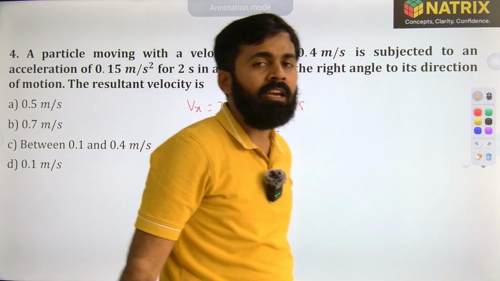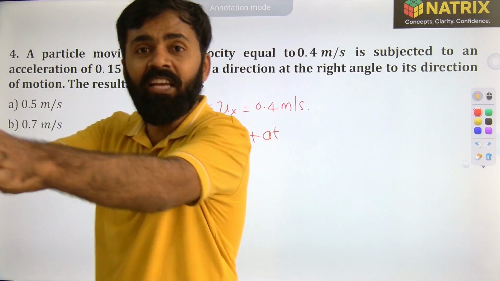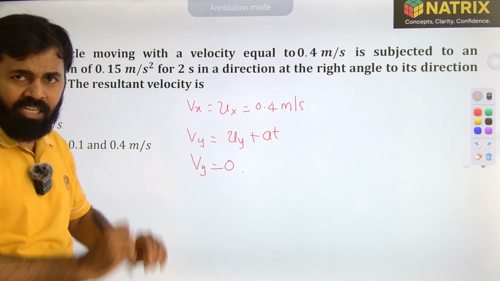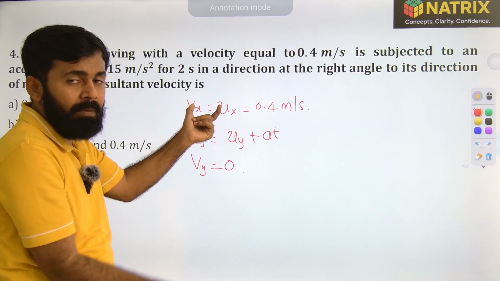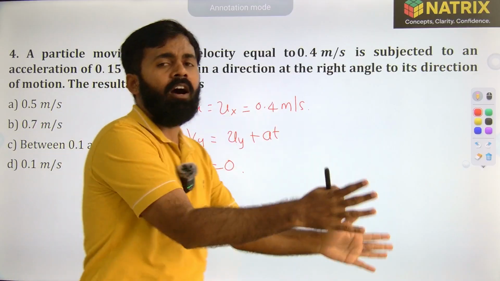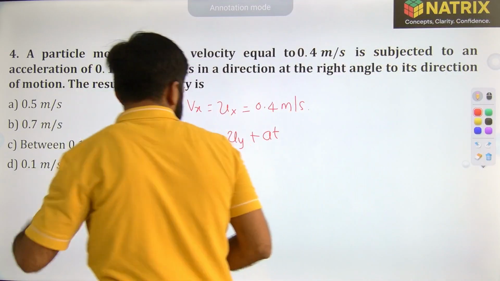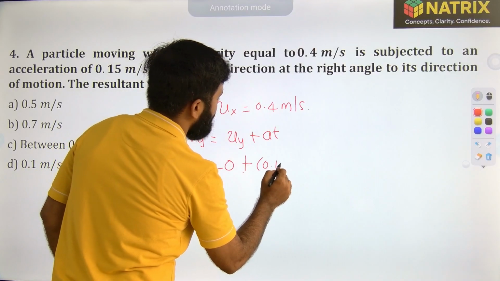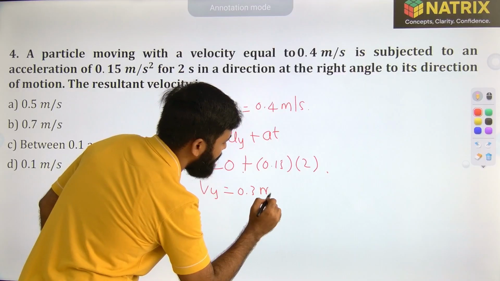Initial velocity along the vertical direction is 0 because my particle is moving horizontally, and my acceleration is acting perpendicular. Plus acceleration 0.15, time 2. So Vy is 0.3 meter per second.